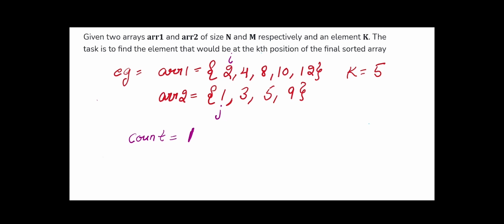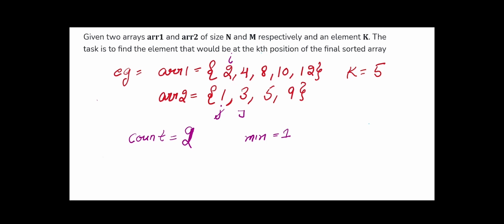During the first iteration, we will compare 1 and 2 and store the mean value of these two elements. So for now, mean is 1, and we will increase the pointer of the lower element. So here we will increase j by 1. Now we will increase the count also, because it's the time of the second iteration.